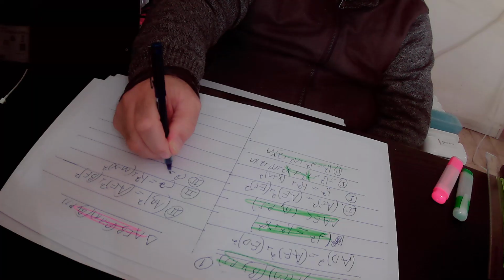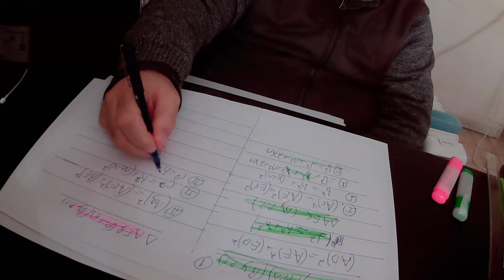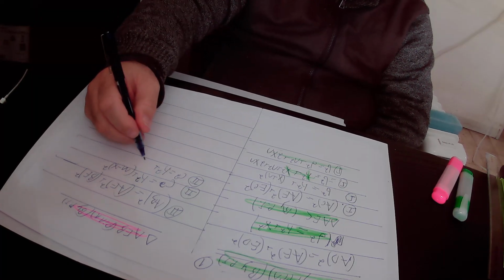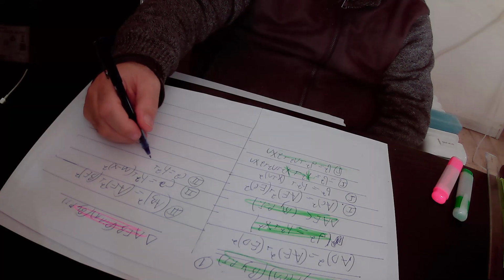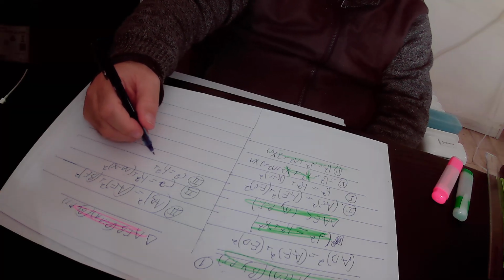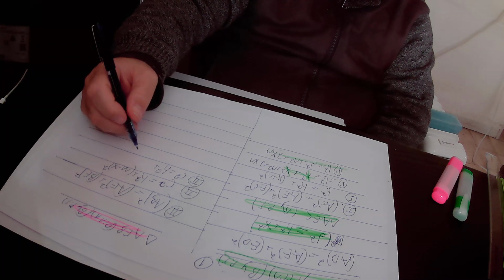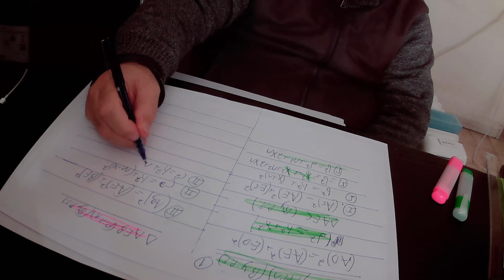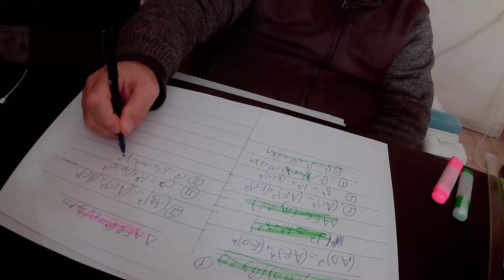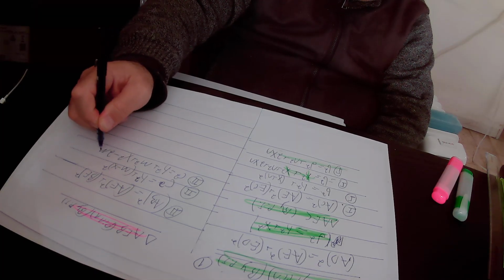According to the algebraic identity that a minus b squared equals a squared plus b squared minus 2 times ab, we get that n minus x squared equals n squared plus x squared minus 2nx.